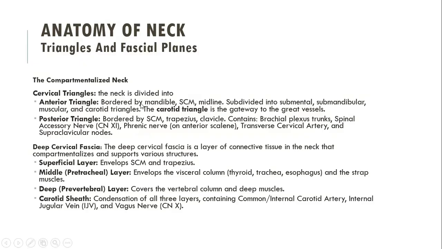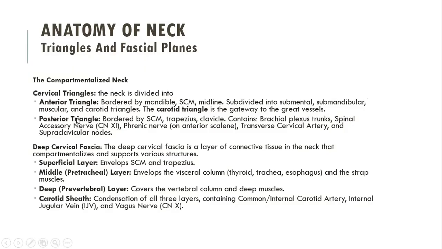The anterior triangle is bordered by the mandible, sternocleidomastoid muscle, and the midline. This anterior triangle is subdivided into submental, submandibular, muscular, and carotid triangles. Among all these, the carotid triangle is the gateway to the great vessels, the important triangle in the neck that passes the great vessels to the brain.